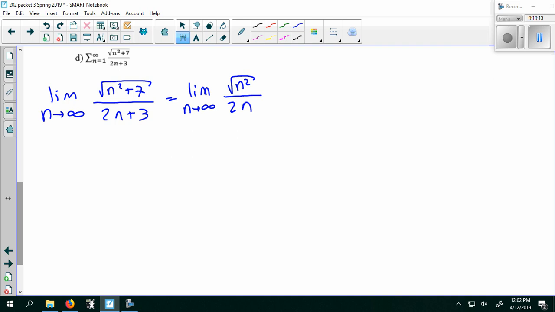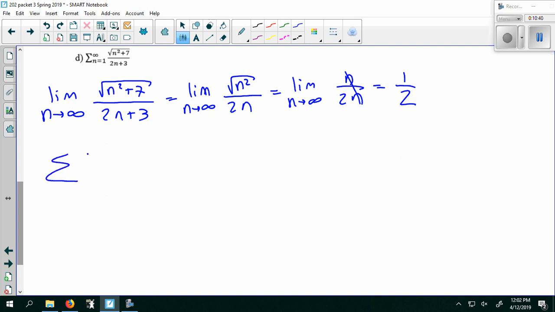I just have to look at the leading terms, which is equal to the limit as n goes to infinity of n over 2n. The n's cancel, and I get 1/2. So because the terms approach a half, this fails the nth term test for divergence, right? So this series diverges, but let's just talk about why for a second.